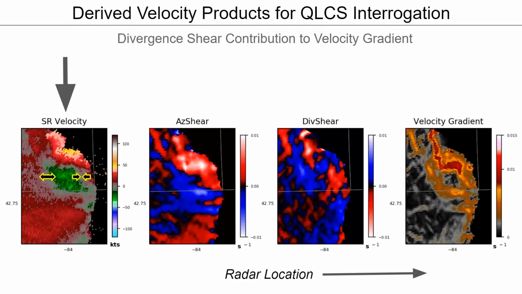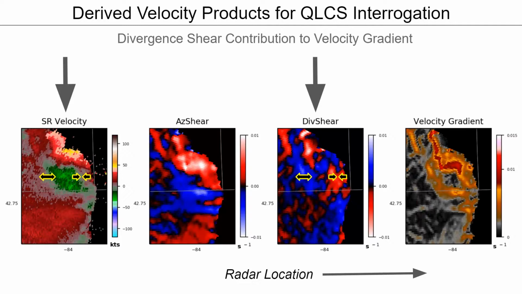Okay, so now what we'll do is we're going to start with storm relative velocity. We're going to talk about divergent shear. So this is kind of the unfamiliar one. So now what I want you to look at is we've got an area where there's convergence on the right, which is closer to the radar, and divergence on the left, which is farther away from the radar. And so now if we look at the divergent shear component, I flipped the colors here because convergence is more interesting to us. I made it red.